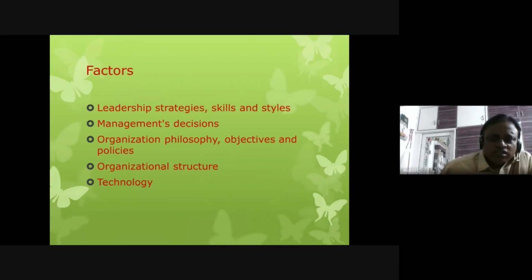If they are faulty, your organization will not be effective. Then structure contributes to effectiveness because structure is all about defining roles and the relationships among and between the roles. Finally, technology also contributes to effectiveness because it helps in transforming raw material into refined products. It's a very interesting factor.